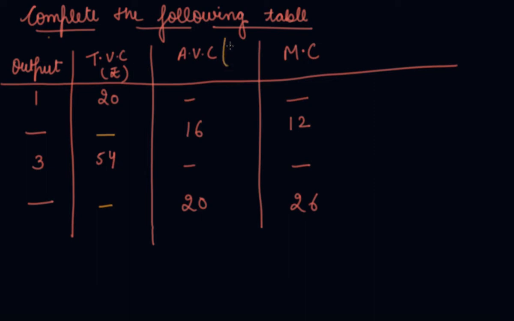So average variable cost is total variable cost divided by output. So this will be 20. Same way, 54 divided by 3 gives you 18. So 18 will be your average variable cost.